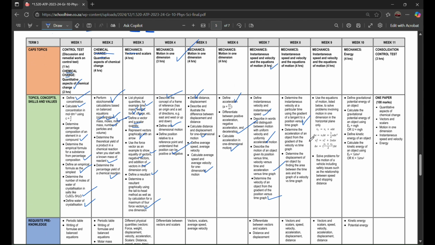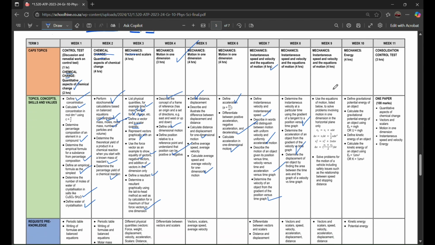We determine the acceleration of an object from the gradient of the velocity versus time graph. Determine the displacement of an object by finding the area between the time axis and the graph of a velocity versus time graph.